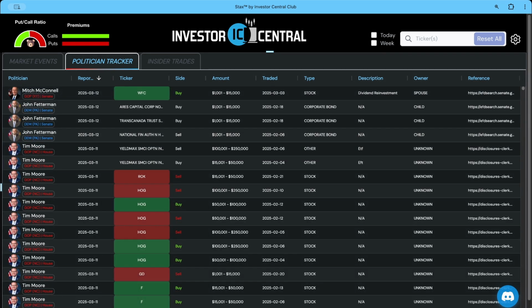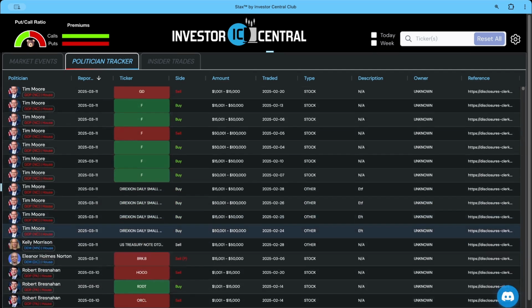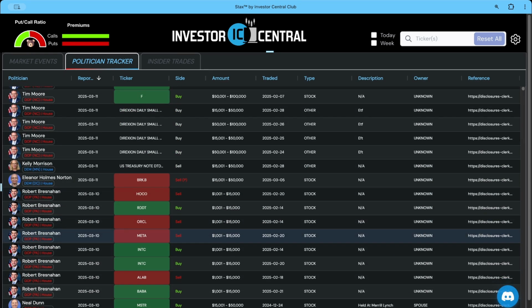Recently, we've added a politician tracker where we can see the purchases and the sells of all of our politicians. Great way to get an idea, especially because a lot of these politicians happen to sit on committees where they make the laws and set things up for some of these stocks.